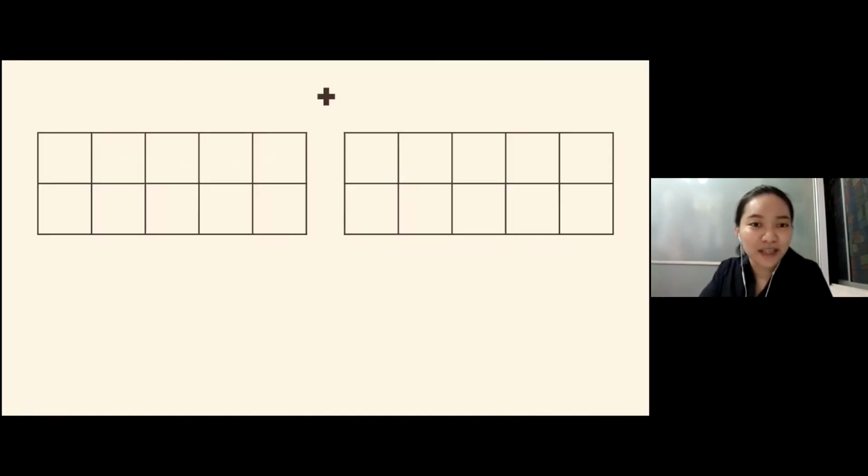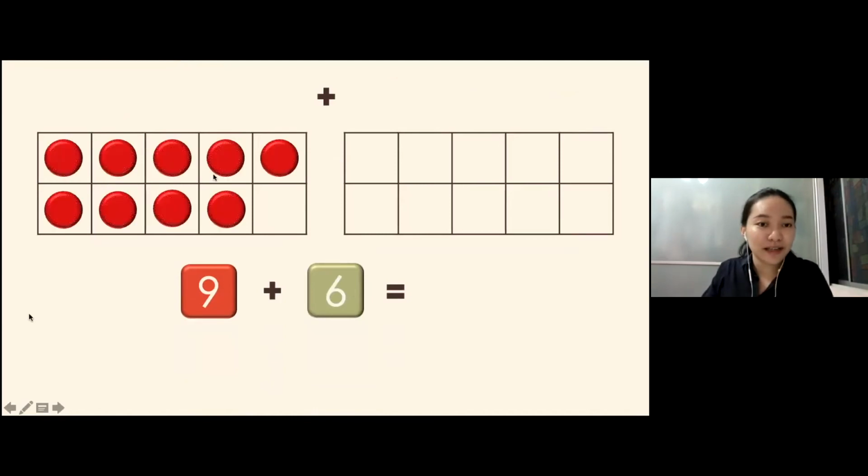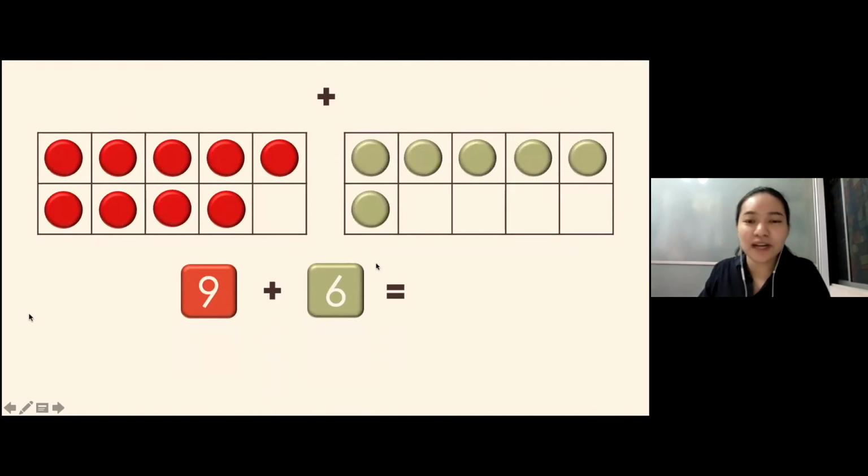Okay, so let's see, we have 2 10 frames here. And then we have 9 plus 6. Let's put 9 red dots plus 6 green dots. So how would you count this equation? Would you want the kid to take their own sweet time counting on, or can we have a faster way?